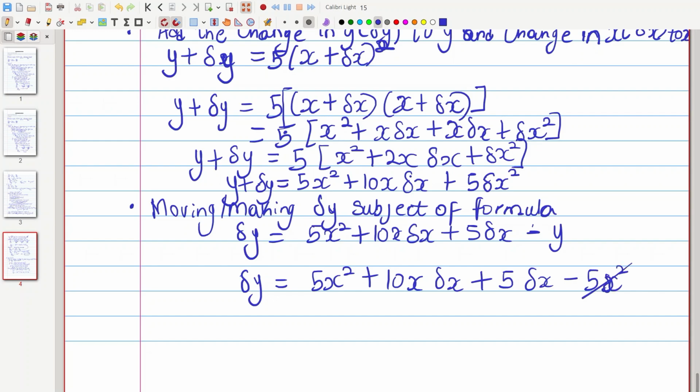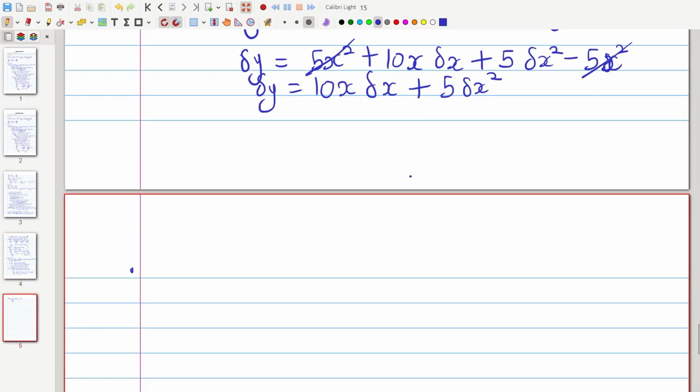So this could cancel this. So this should be delta y is equals to 10x delta x plus 5 delta x squared. So the next step will be dividing both sides by delta x.